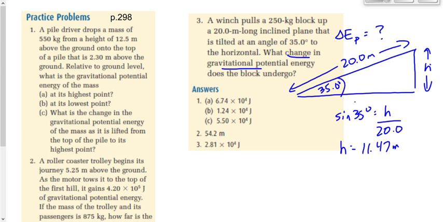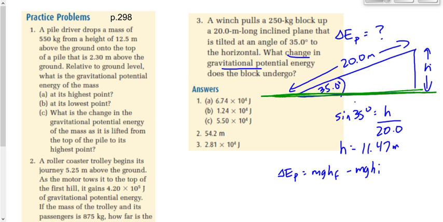11.47 meters. Good. All right, so now if you want to find delta EP, technically that's equal to final minus initial, right? But what's the initial height here? I mean, we can really make it whatever we want. We can define this as our bottom point.